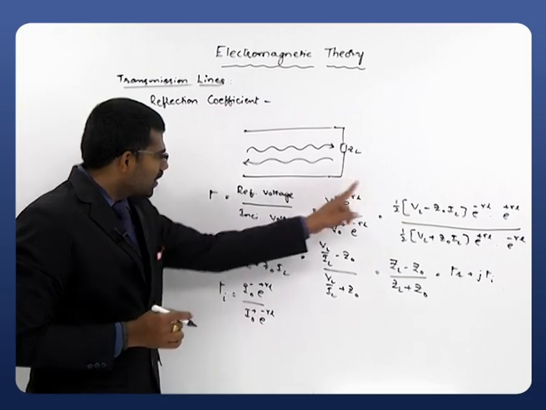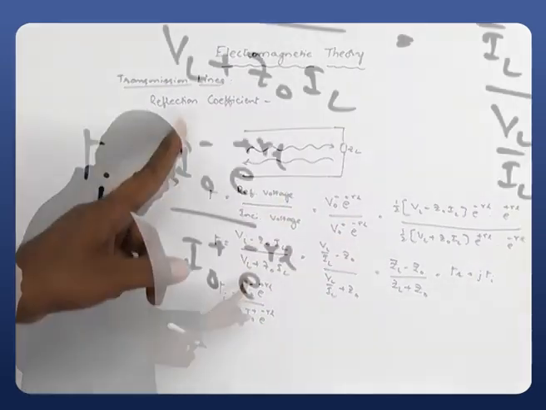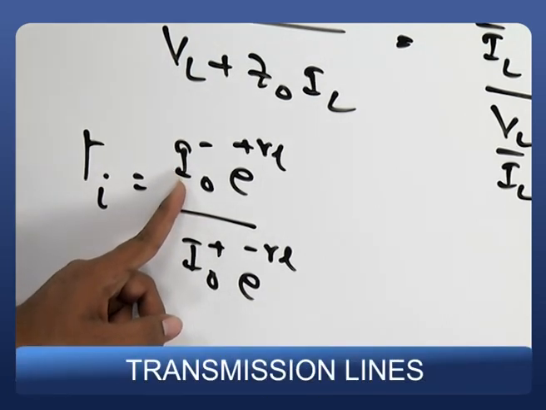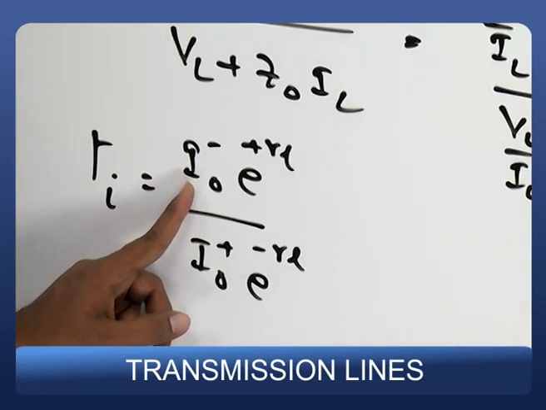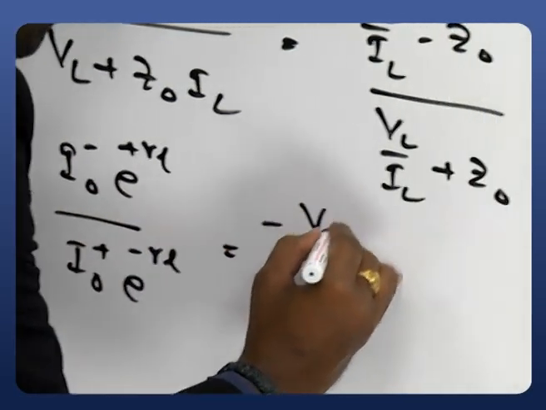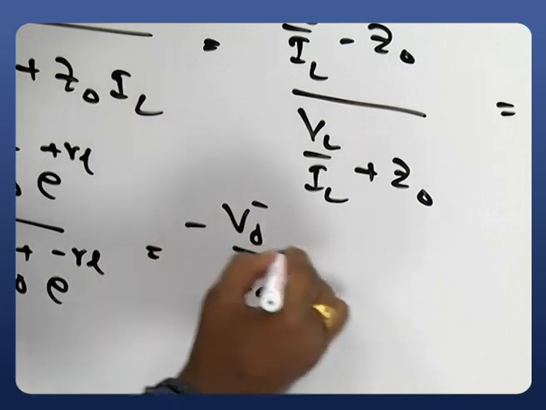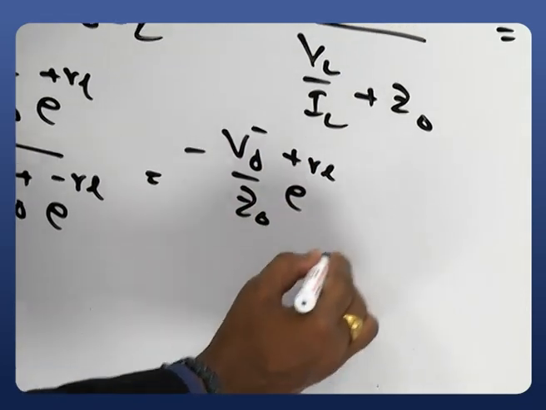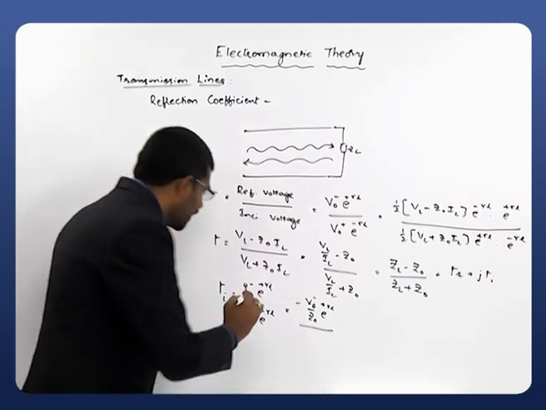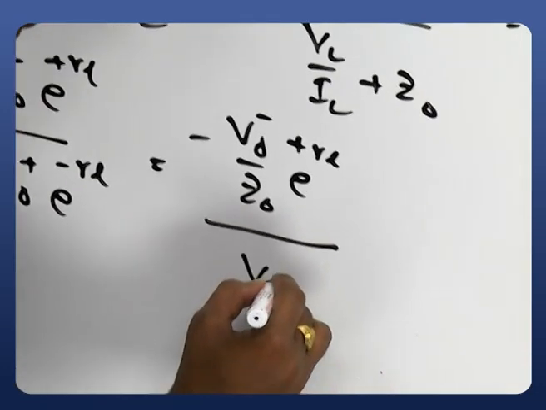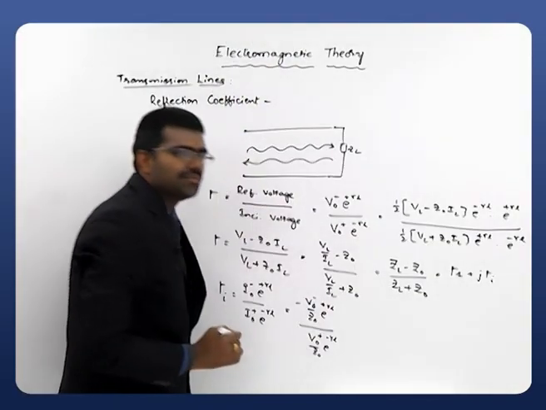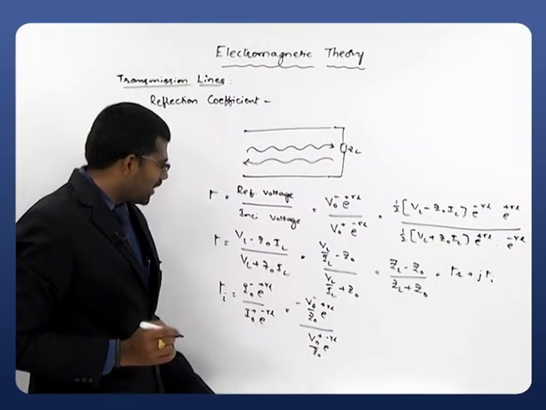Right, don't go for another simplification like this. What I do is directly simplify this one here itself. Instead of I0 minus, what you can write? Minus V0 minus by Z0. So here what you have is minus V0 minus by Z0, this term as it is, e power plus gamma L, divided by, and here I0 plus can be replaced with V0 plus by Z0 e power minus gamma L. Z0 will be cancelled.